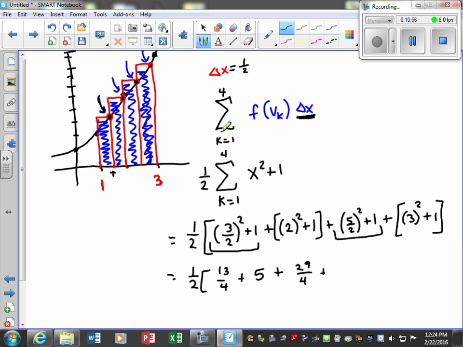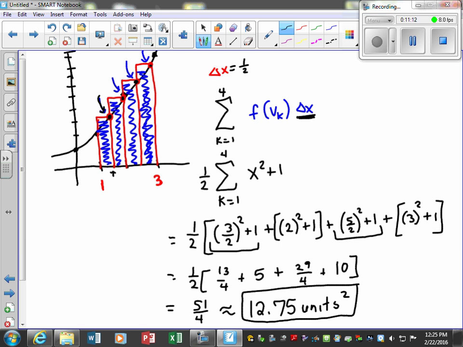And then 3 squared is 9 plus 1 is 10. Calculate those up. I finished with 51/4, which is approximately 12.75 units squared. So you can see this one's a little bit of an overestimation, and the previous one was a little bit of an underestimation.